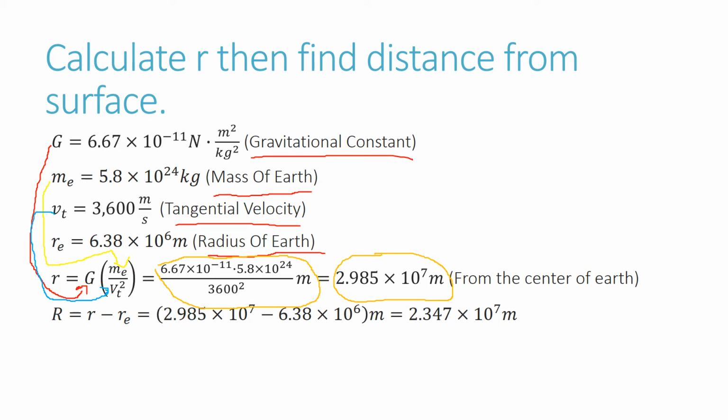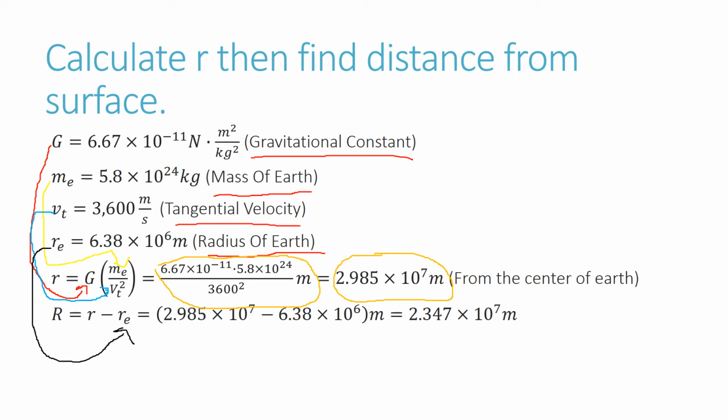But we don't want the distance to the center of the Earth, we want it from the surface of the Earth. So what we do is we subtract the radius of the Earth from this general radius, and that'll give us our radius from the surface to the orbit. All you need to do for that is sub in this with that.